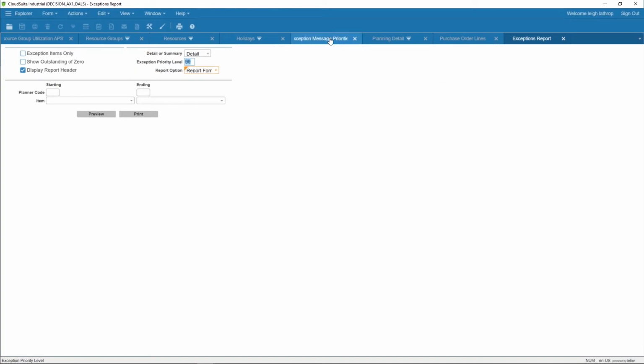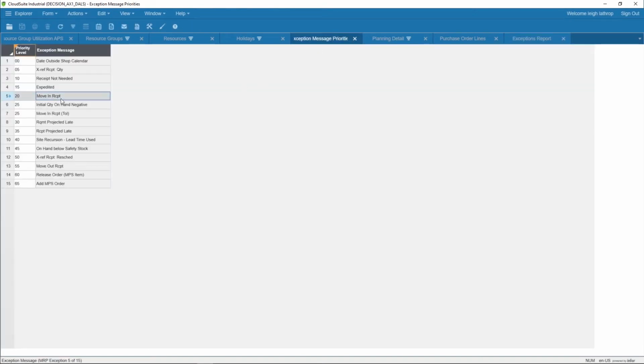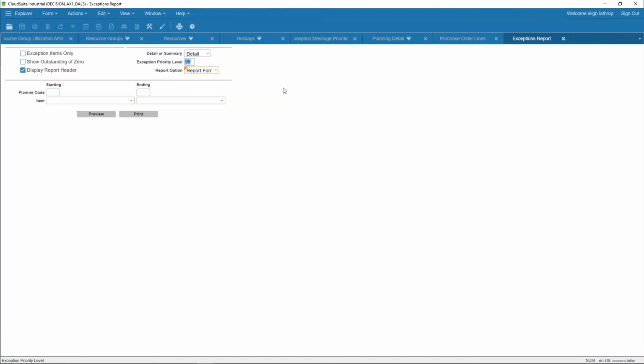So if we have updated our exception message priorities and moved move in receipt to 00, which is the high exception priority, we could put the exception level as 00 and run this report, and these are the items that the system is telling us to pull in.